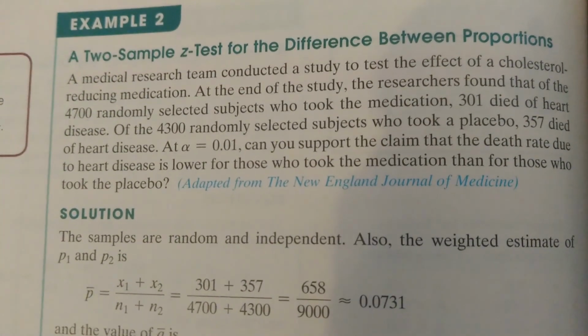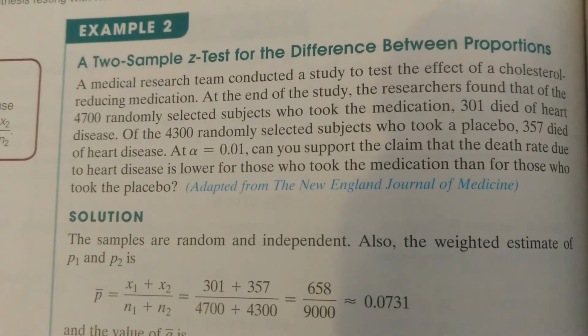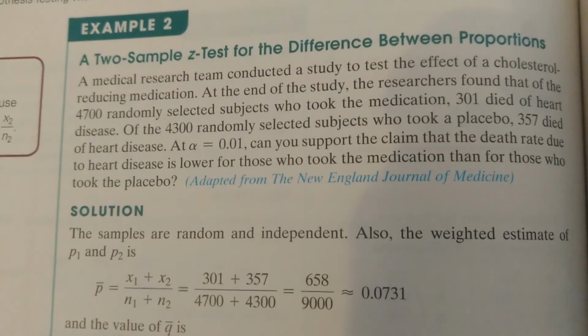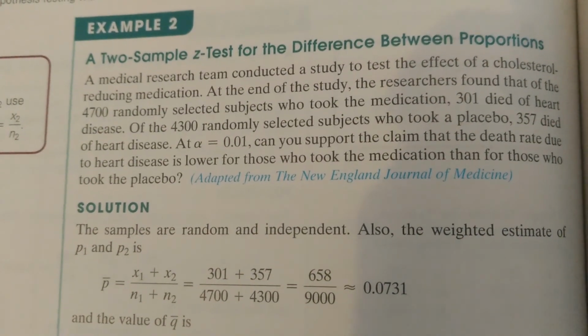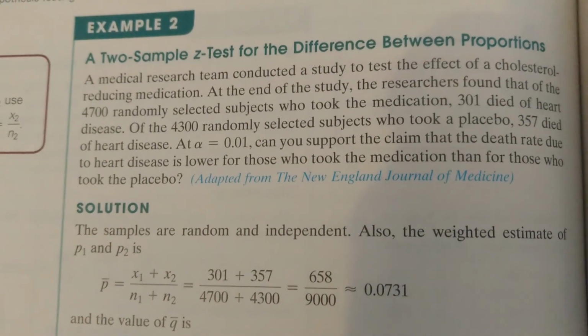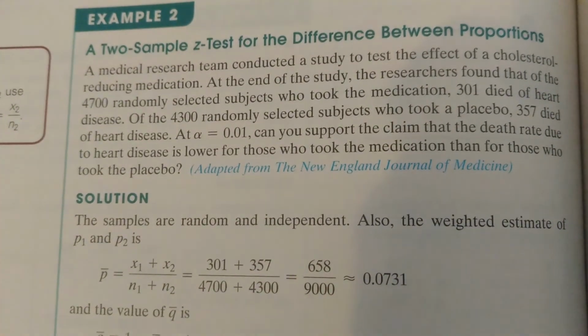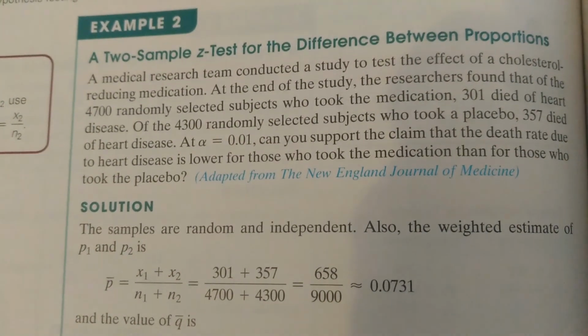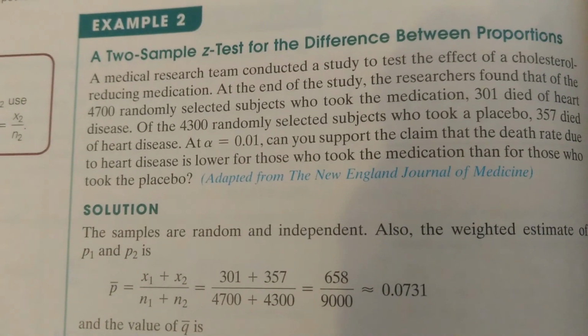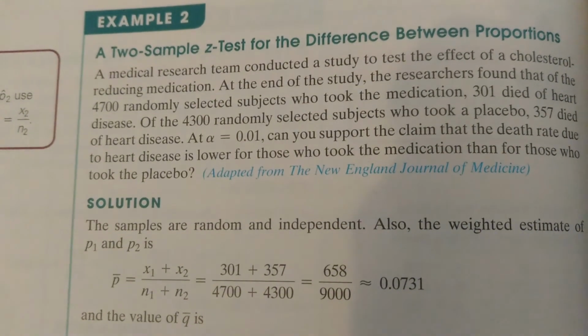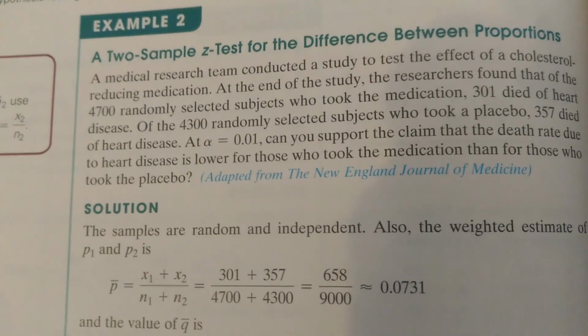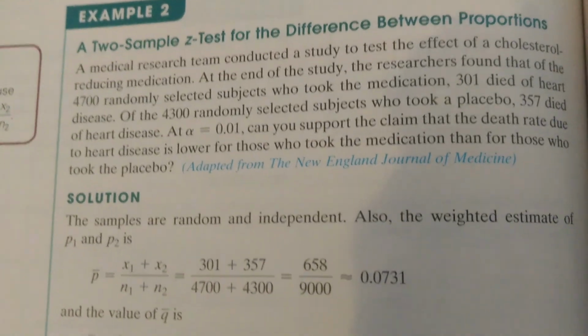Of the 4,300 randomly selected patients who took a placebo, remember a placebo is same looking pill but doesn't do anything, it's really a sugar pill, 357 died of heart disease. At alpha 0.01, can you support the claim that the death rate due to heart disease is lower for those who took the medication than those who took the placebo?